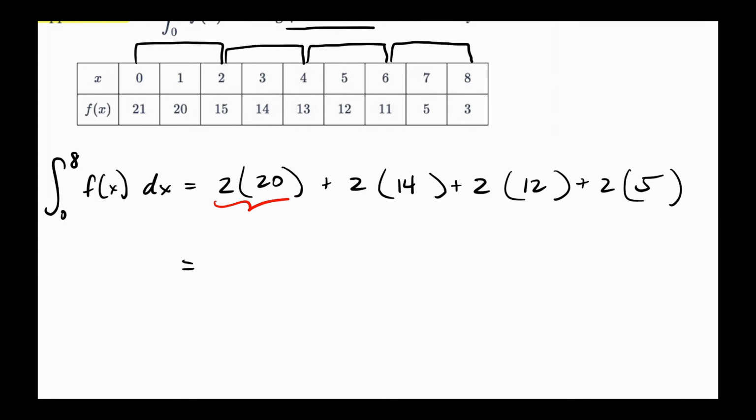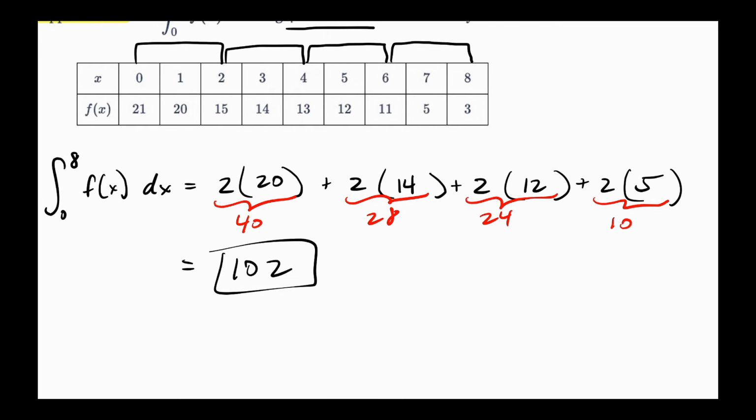So last thing, multiply and add them all up. 40, 28, 24, 10. So is that 50 plus 52, 102? Double check my math. I did that fast.